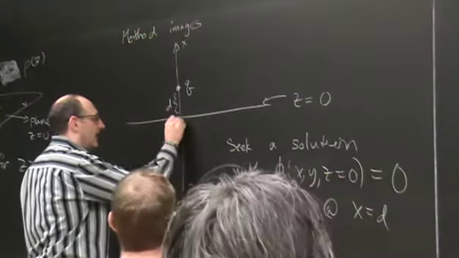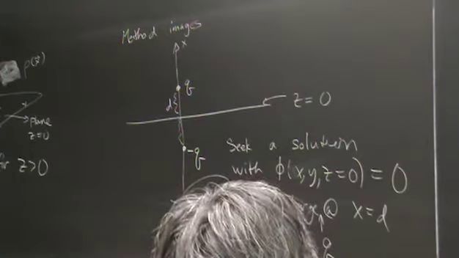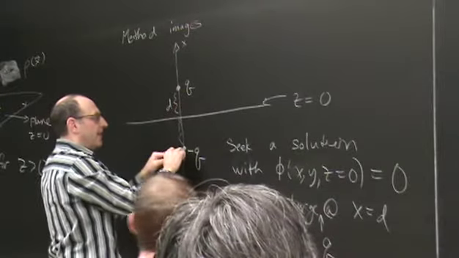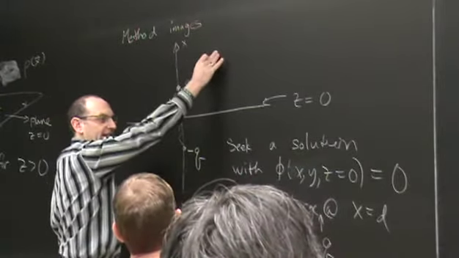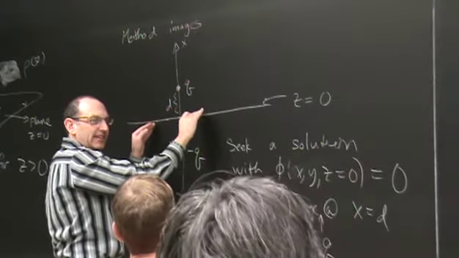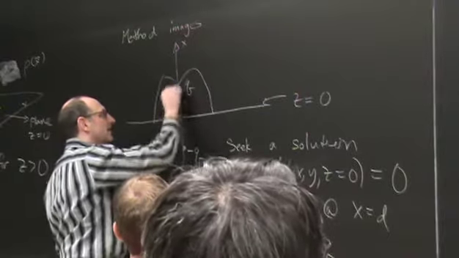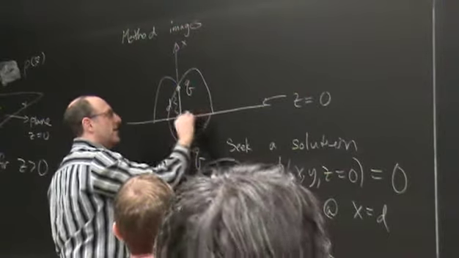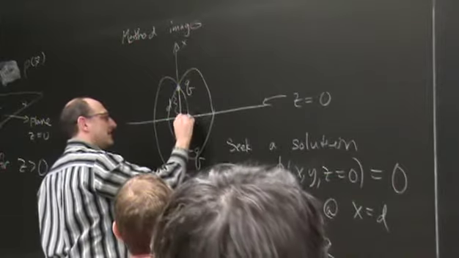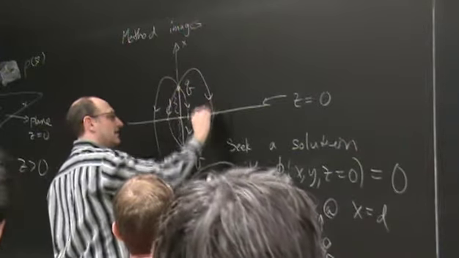If I put an equal and opposite charge, minus q, below the plane, then the field produced by this image charge above the plane is exactly the same as that of all these negative charges on the surface, because the combination of these two makes a field that is normal to the surface.